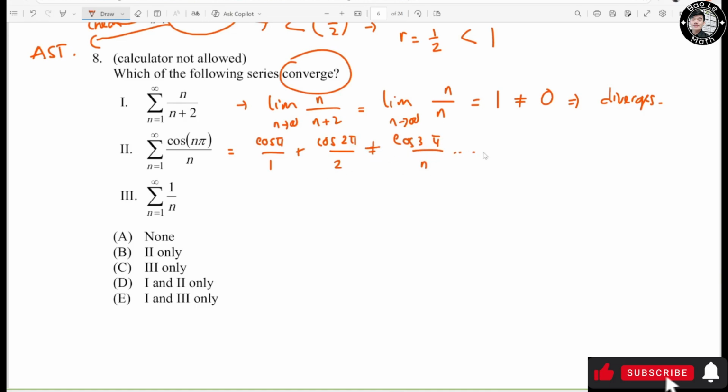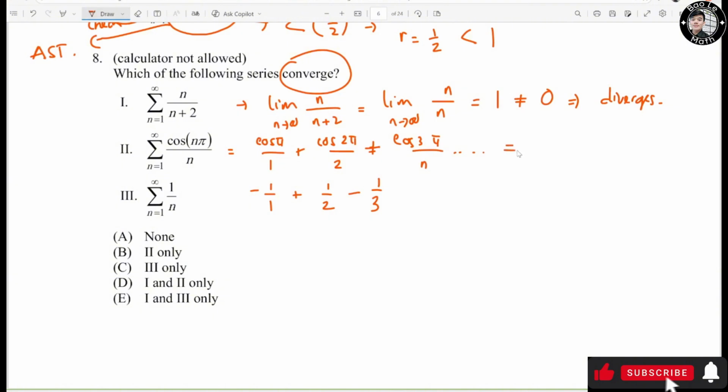If we simplify, cosine pi equals -1, so it's -1 over 1. Cosine 2 pi equals 1, so it's 1 over 2. Cosine 3 pi is -1, so it's -1 over 3. Remember, cosine of odd multiples of pi is -1, and cosine of even multiples of pi is 1.